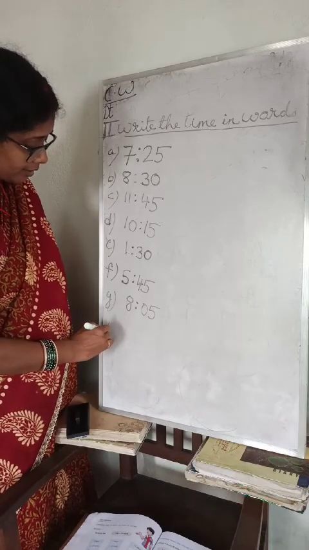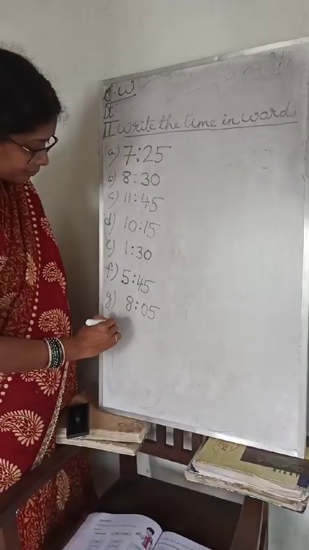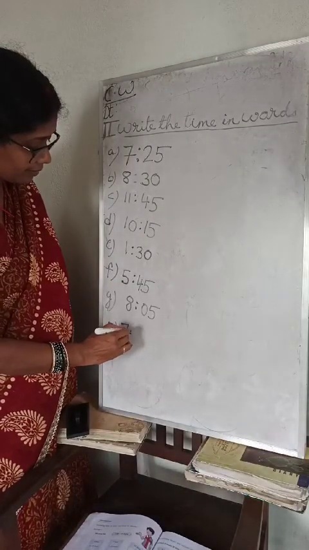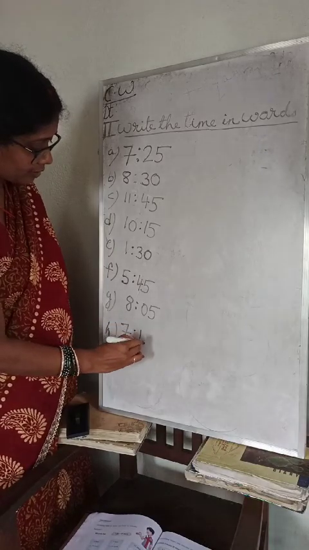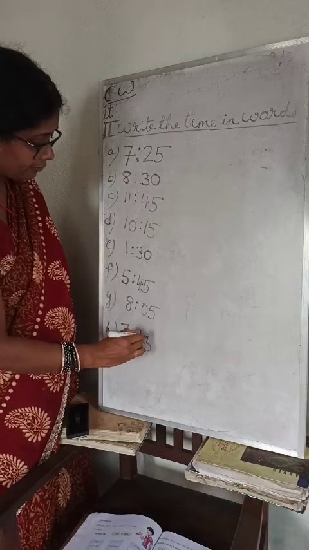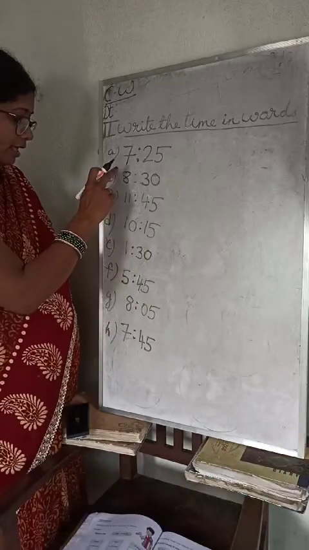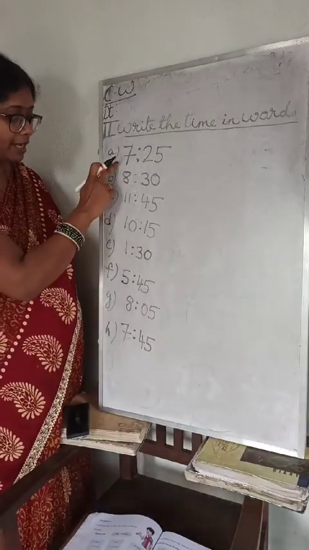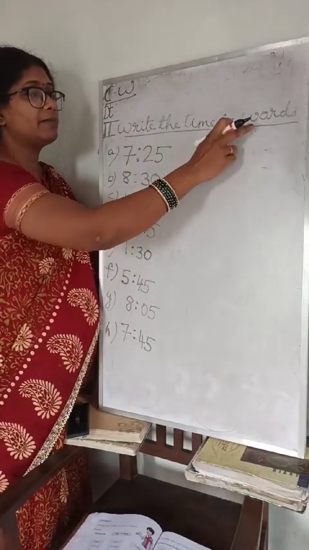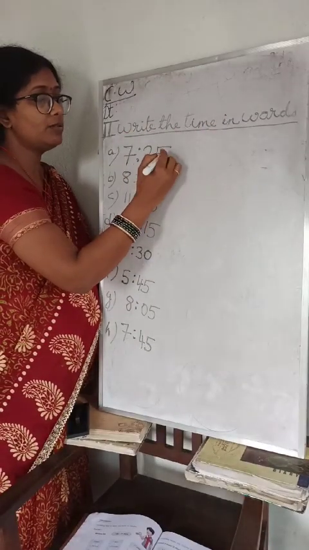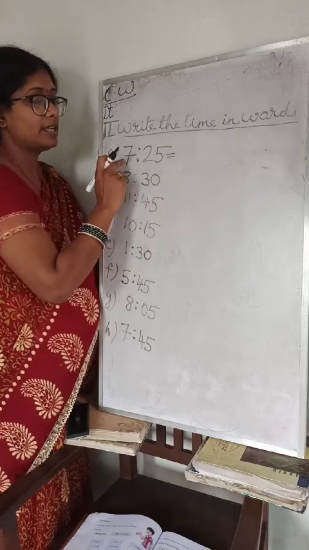And the last one would be 7:45. Altogether 8 sums are here from A to H. You simply have to write the time in words. This is written to you in numbers. You will write here in words.